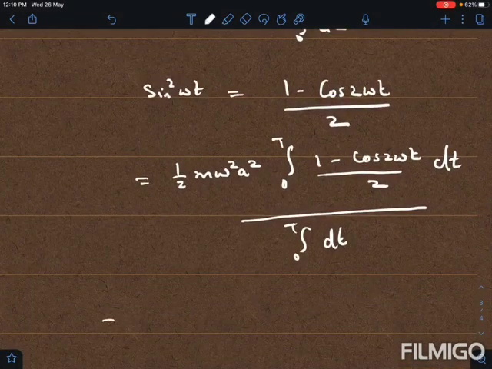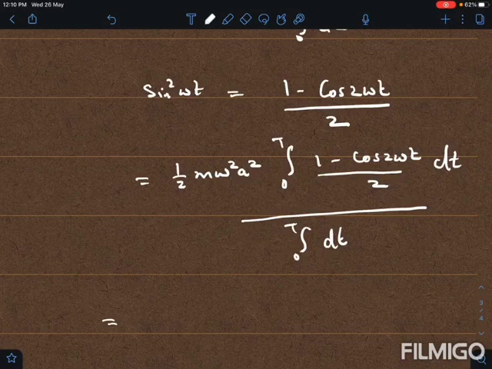So it's quite simple integration. One is t, integral 0 to T dt is T, and the other one is sine 2 omega t by 2 omega.